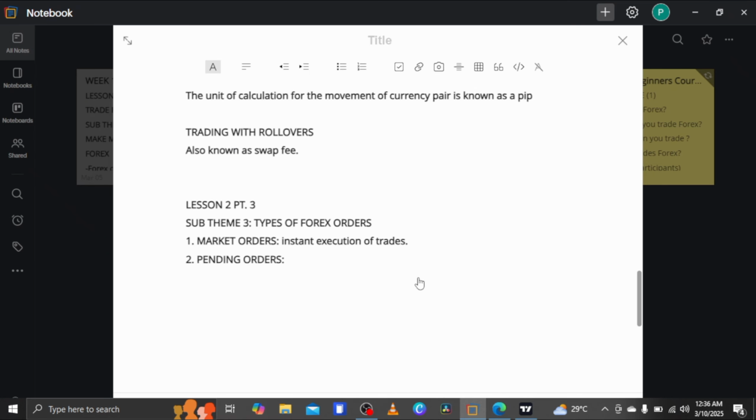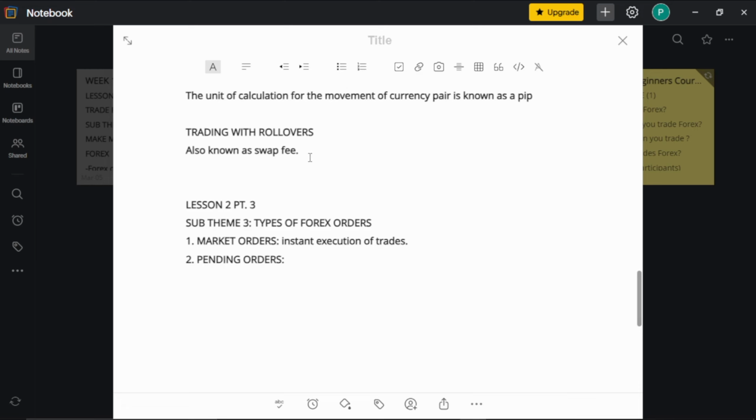Whereas pending order is buying or setting your trades at a later time, at your entry level.